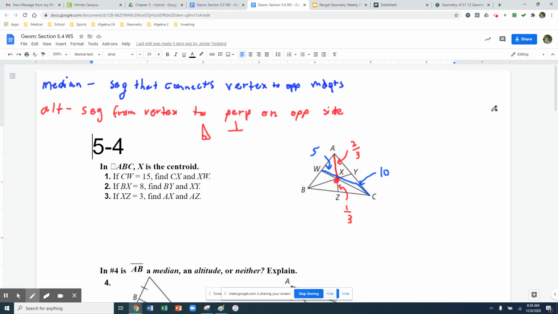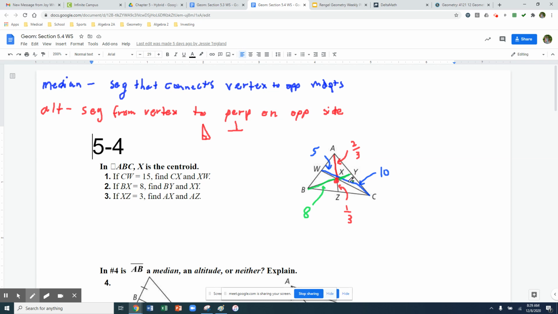Next, we'll look at number 2. BX is 8. So looking at BX, I'm just going to highlight where BX is. BX right here is 8. So just from the vertex to the centroid is 8 right here. Now that represents 2/3, or it represents double this other share.